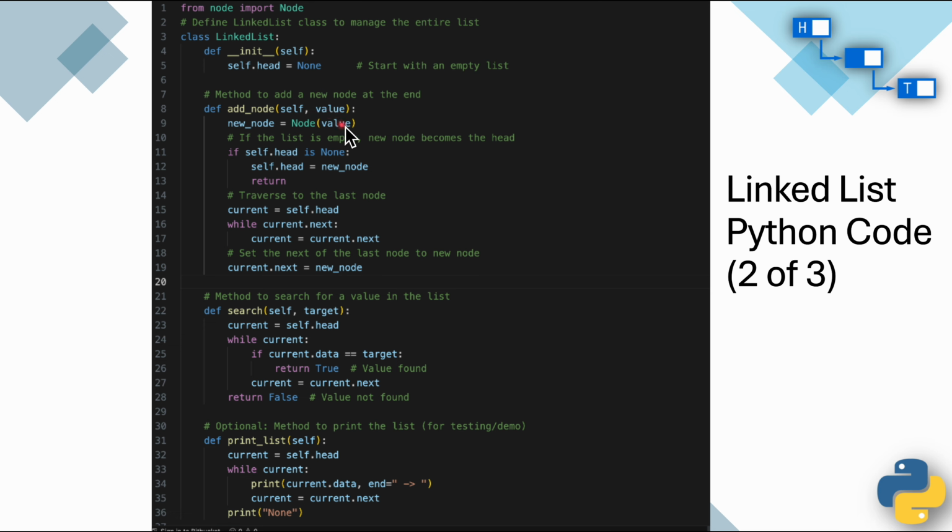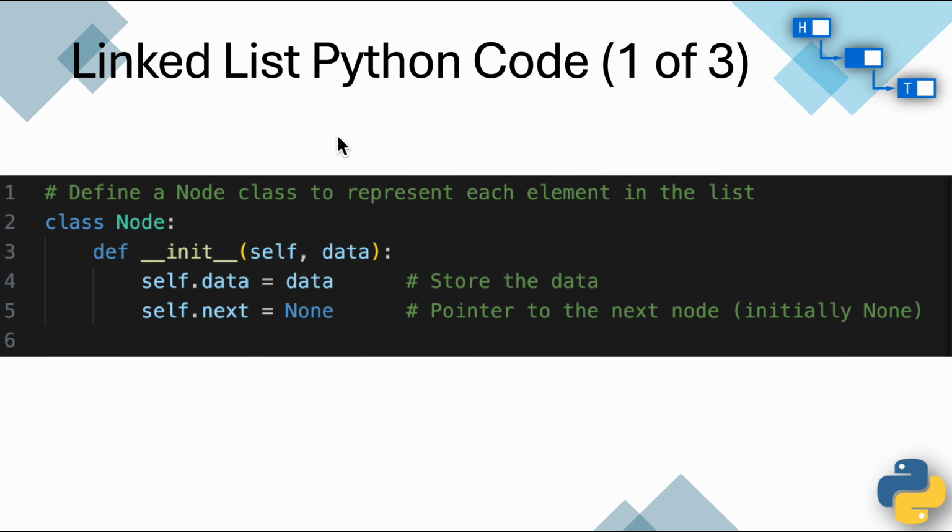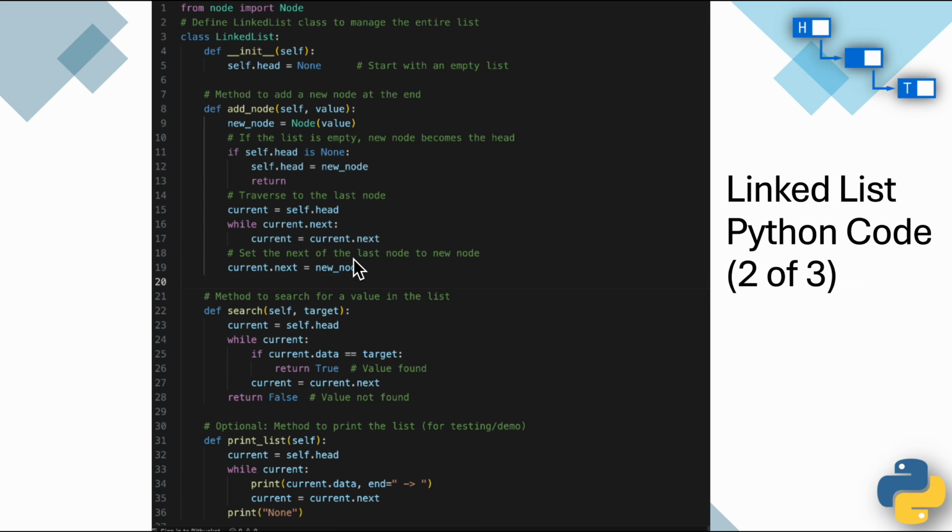That value will be stored inside a node object, Node of data. That data can be 10, 100, a number, or it can be an object or anything for that matter. Usually we will take an object.